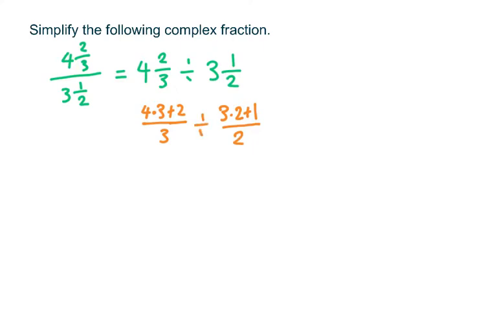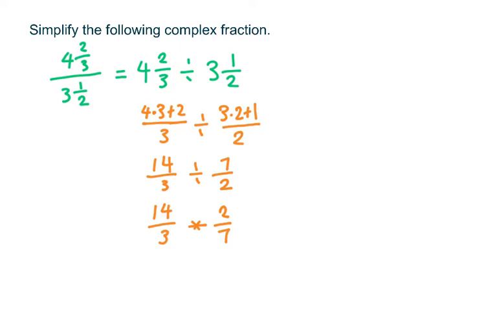And simplifying that, we get 14/3 divided by 7/2. Now that we have a quotient of 2 fractions, we can multiply the first fraction by the reciprocal of the second fraction, which is 2 over 7. And then we can also reduce the fractions before we multiply.